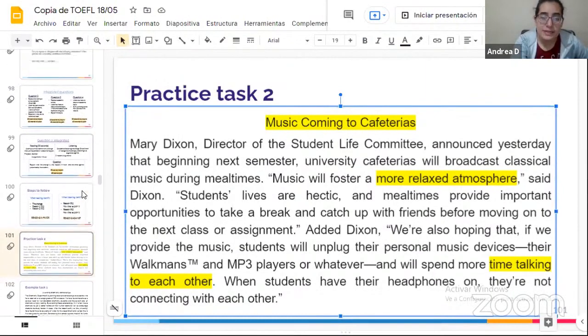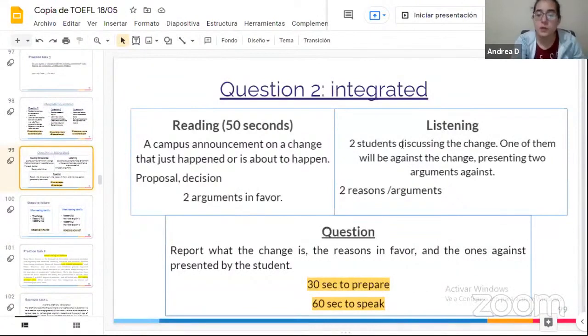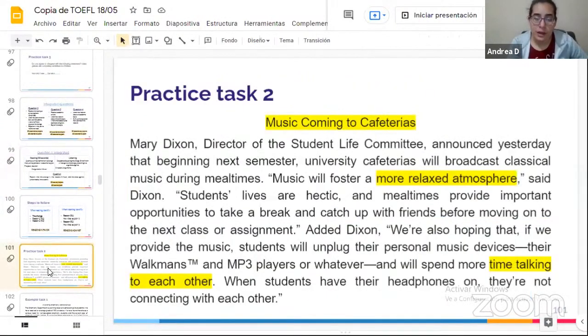So next thing, after you read for 50 seconds, you will listen to the two students, remember? These two students will be talking about it. They will be like, hey, have you heard the news? What do you think about it? What are your thoughts on the university's plan?